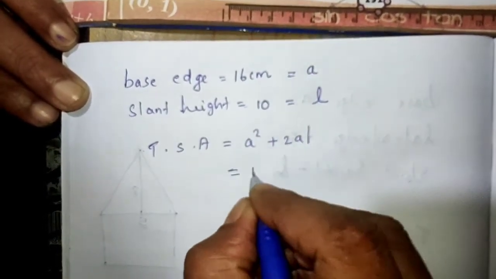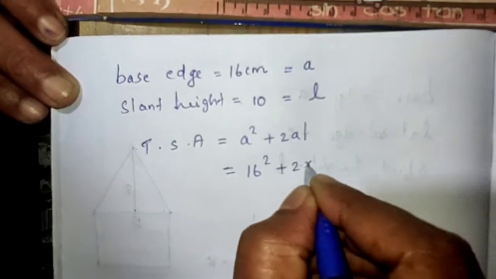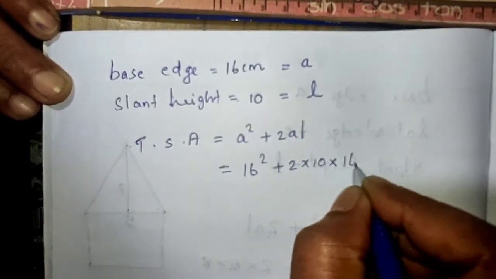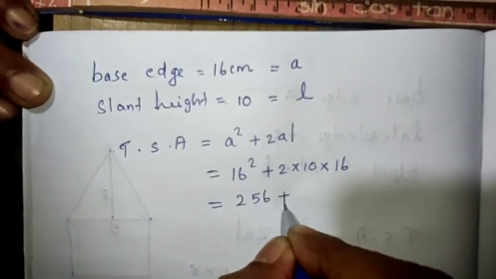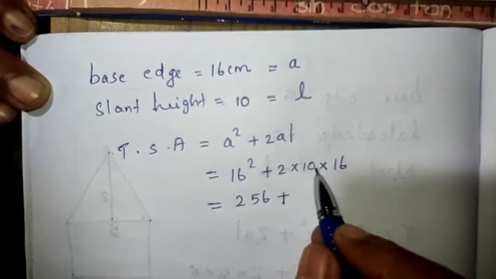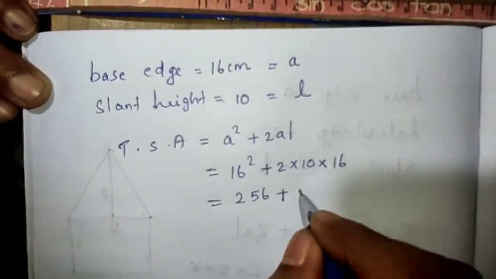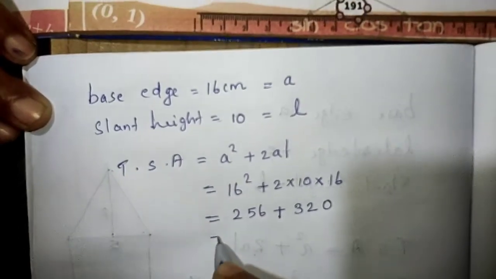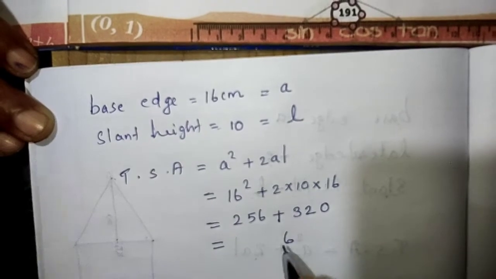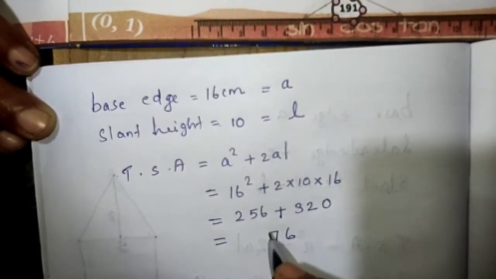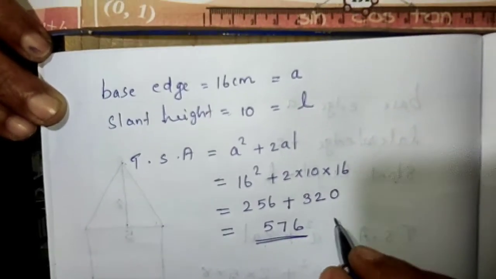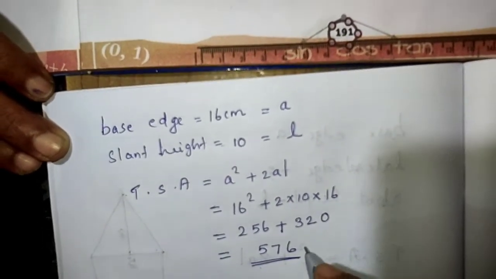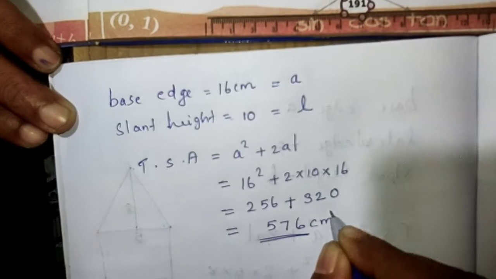That is equal to 16 square plus 2 into 10 into 16. That is equal to 16 square is equal to 256 plus 2 into 10, 20 into 16 is equal to 320. That is equal to 576 square centimeter.